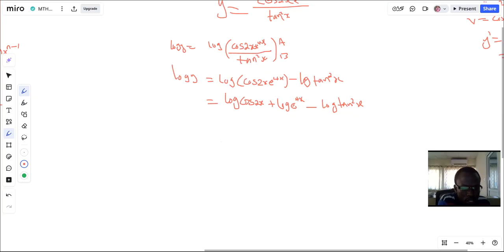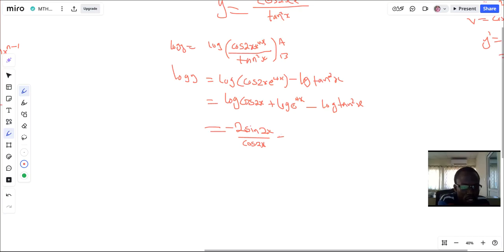So the derivative of the logarithm of cos 2x is equal to minus 2 sin 2x all over cos 2x. I hope we are together.